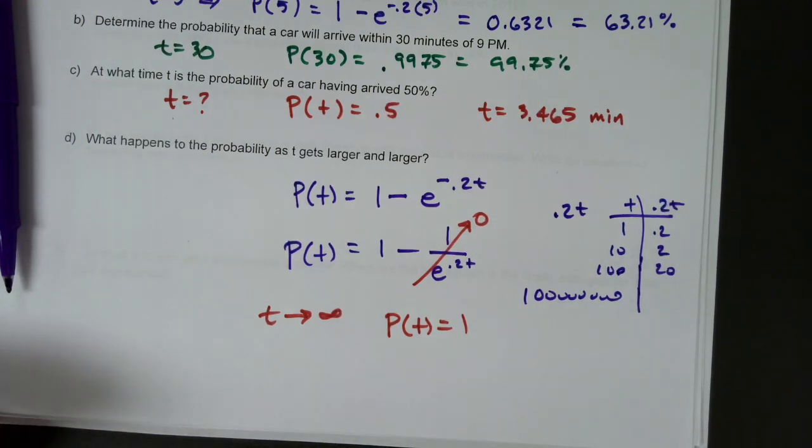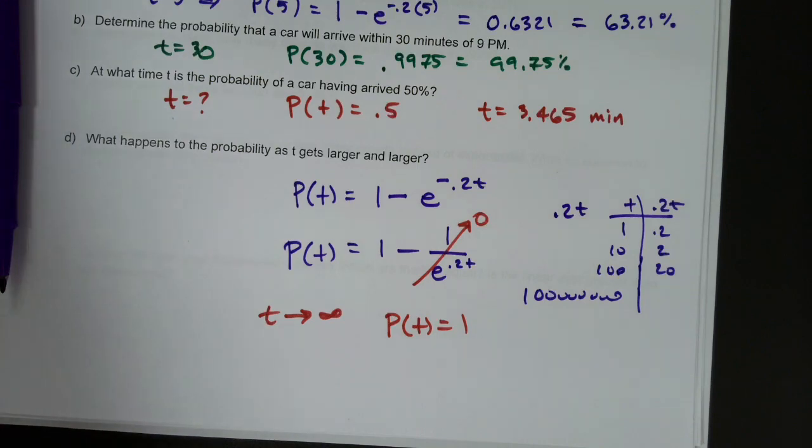And doesn't that kind of make sense at this real busy Burger King? The farther you are away from 9 o'clock, you're absolutely going to see a car. There's no doubt you're going to see a car. It's that busy. Okay? So, as t gets bigger and bigger, the probability of seeing a car is almost certain.